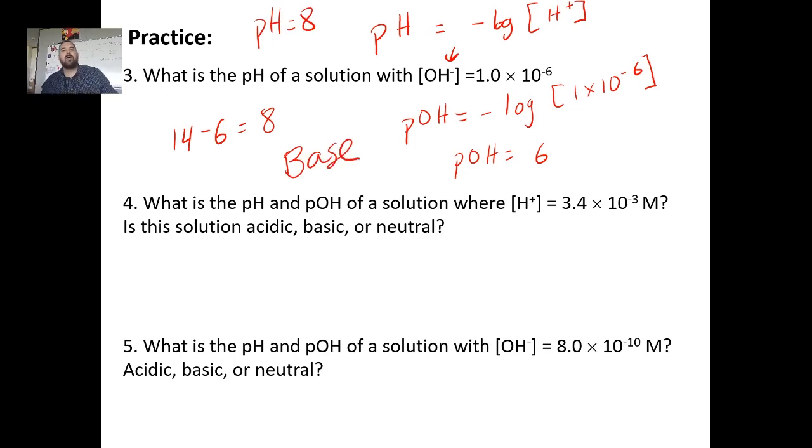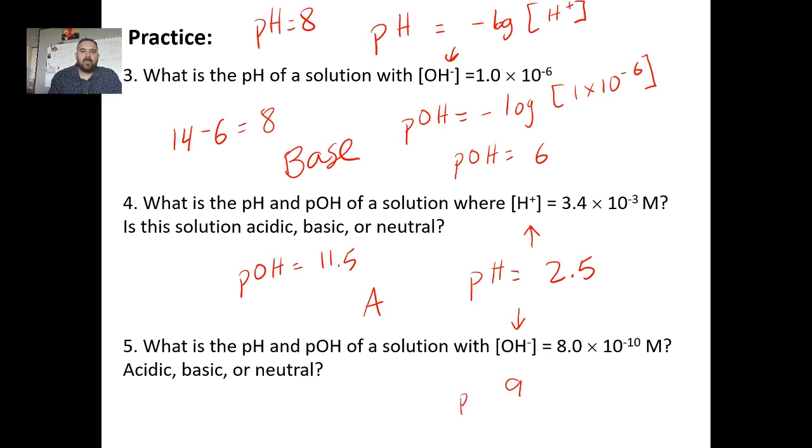All right, I'm going to give you 1 minute to solve the next one. It's 8 times 10 to the minus 10. All right, so what did we get for the OH concentration? 9.09, but I'm going to round it up to 9.1.